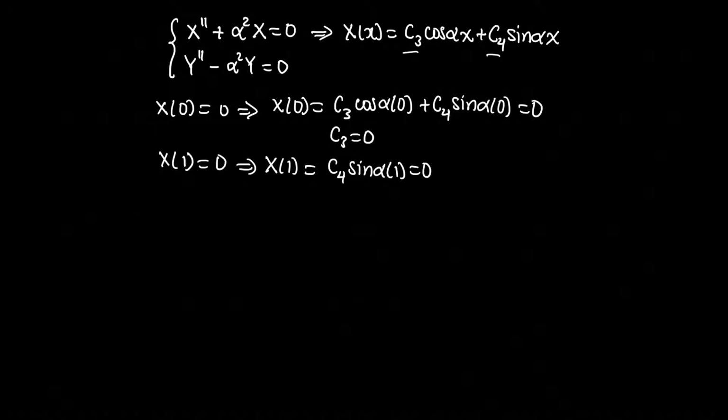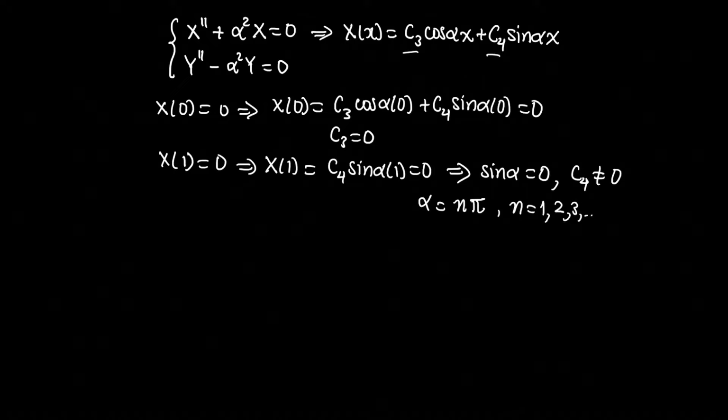I don't want everything to be 0, so that means sine alpha equals 0 for c4 different than 0. Then alpha equals n pi for n equal to 1, 2, 3, and so on.